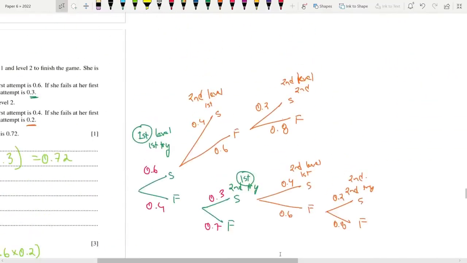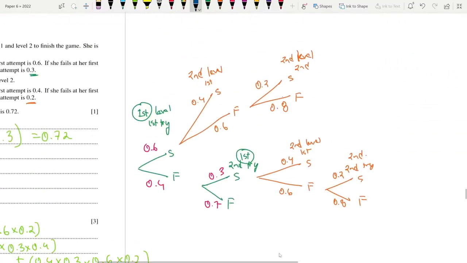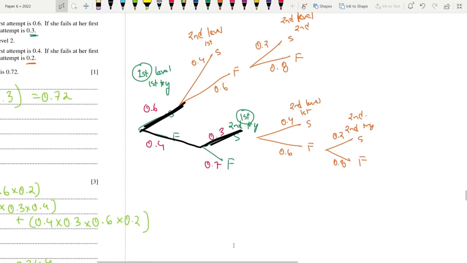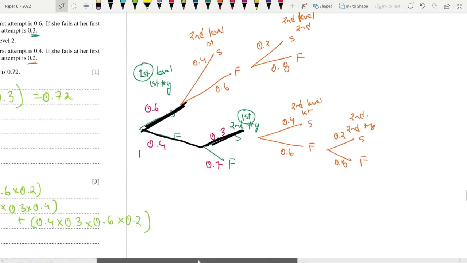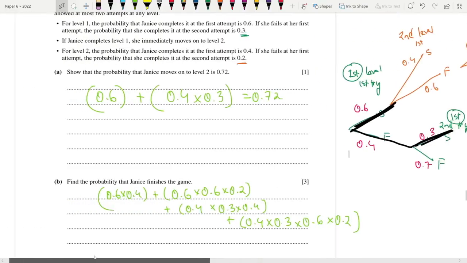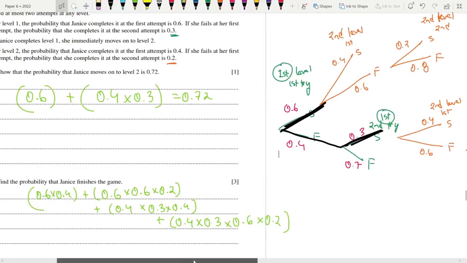So what about the second stage? In that method, they already stopped here. Basically, they stopped here and here. Now they thought about what could happen afterwards. Because this is what 0.72 means. You have passed the first stage already. Now you're moving on to the second stage. So afterwards, what did they think?